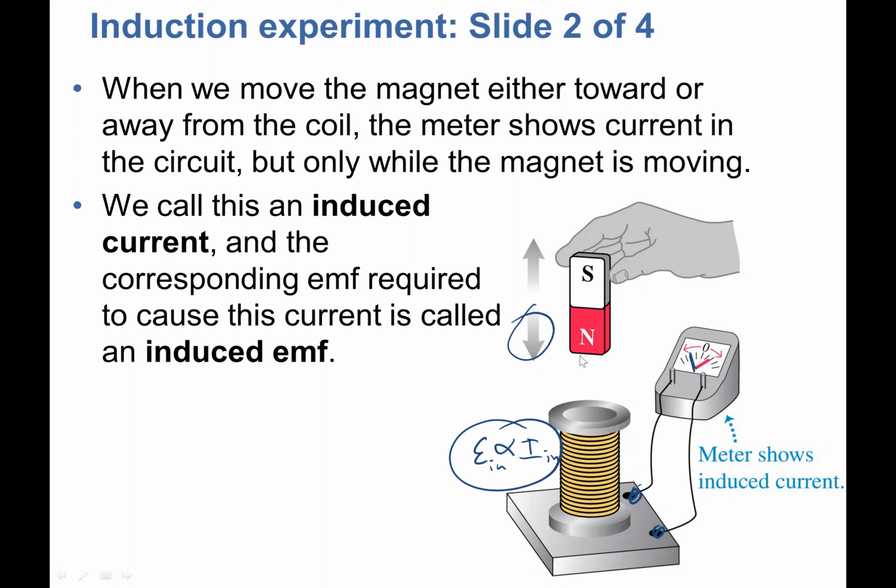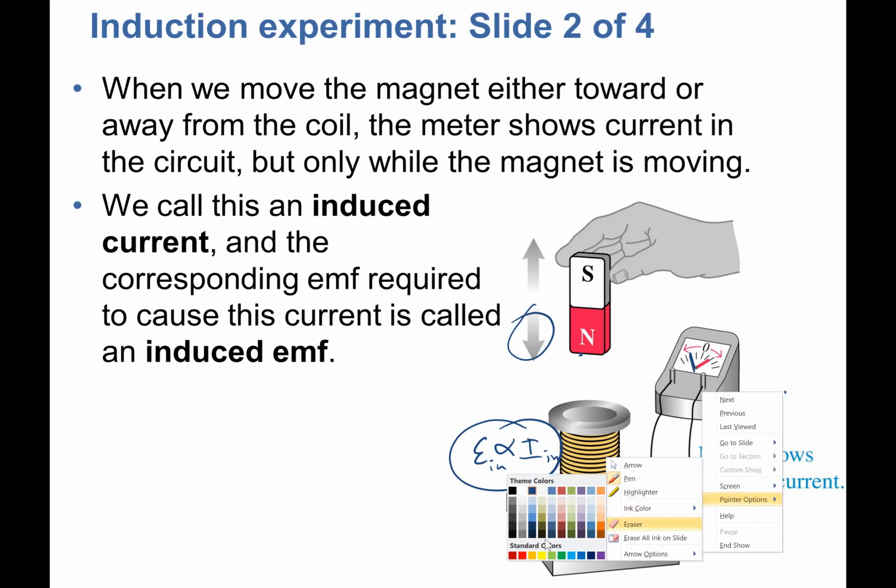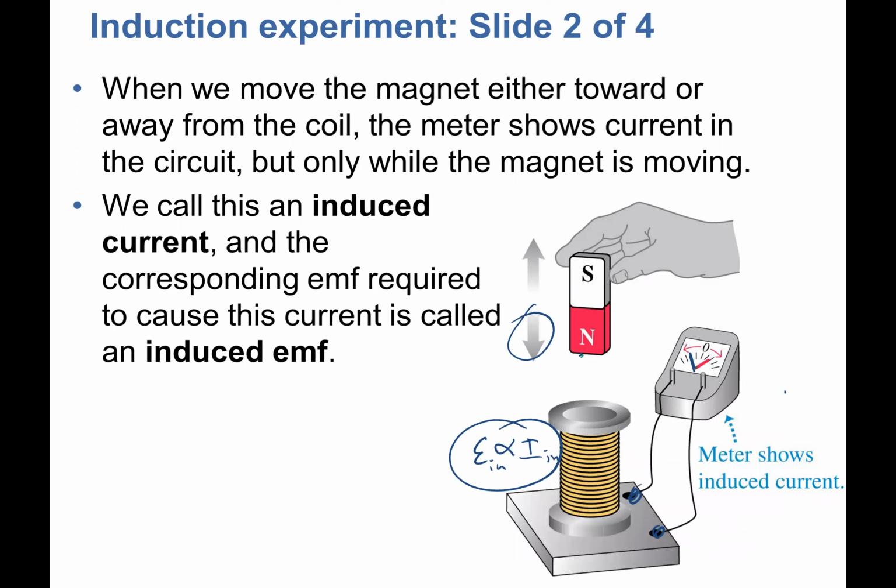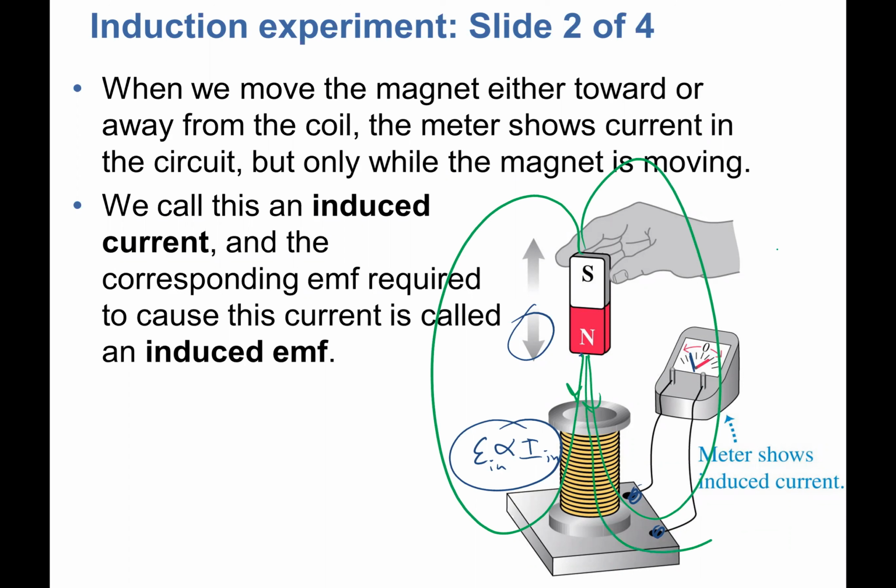Remember that I told you that there is a magnetic field. Now let me use a different color. Like this. So think like this. There is this magnetic field. Remember, the magnetic field is down through the center of the coil.